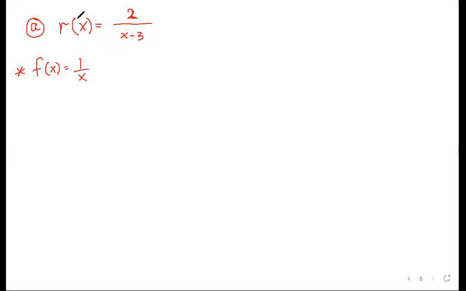First of all, I have to factor this one because I need the numerator equal 1. This is the important thing. By factoring, r of x equal 2 times 1 over x minus 3. This is the first step.